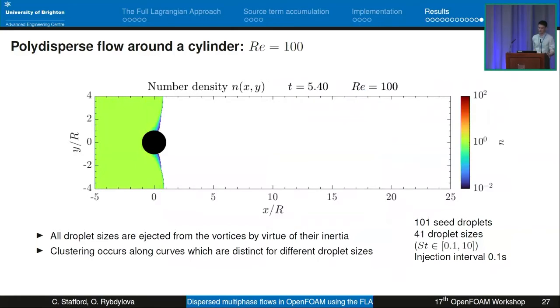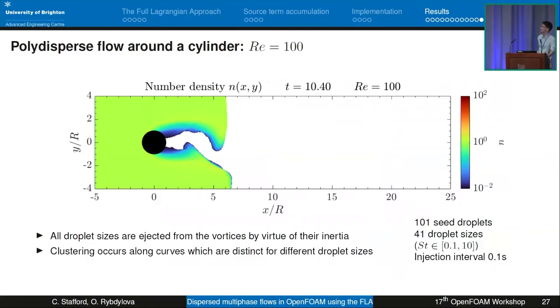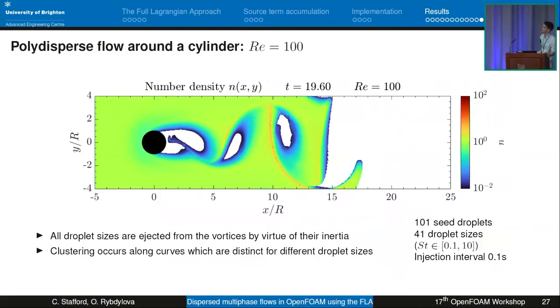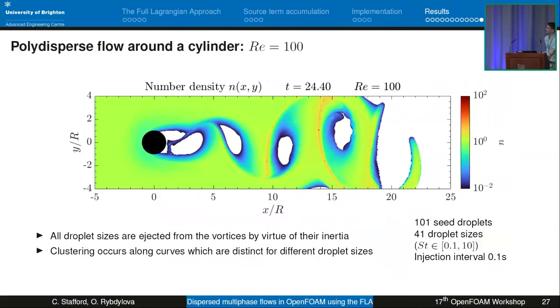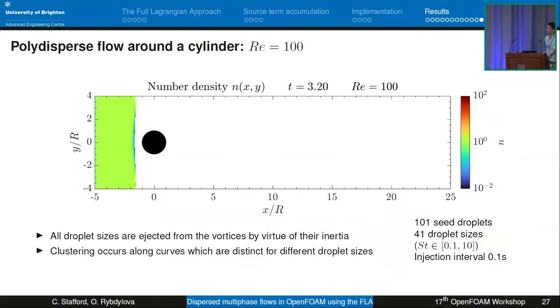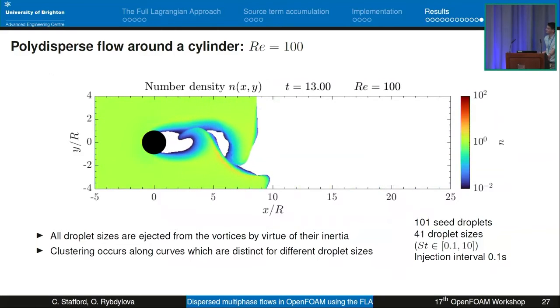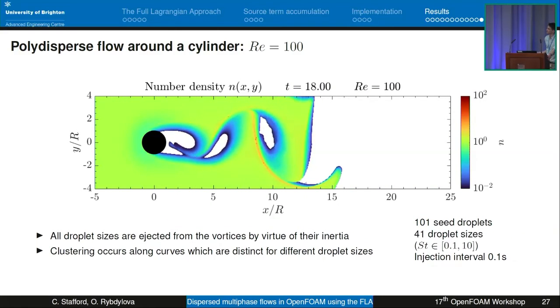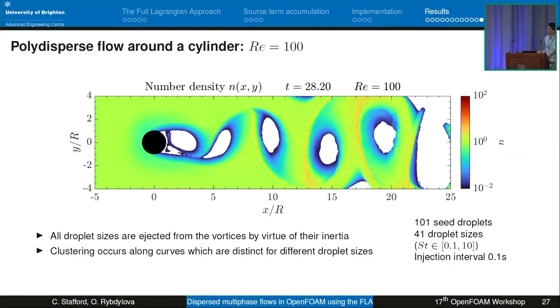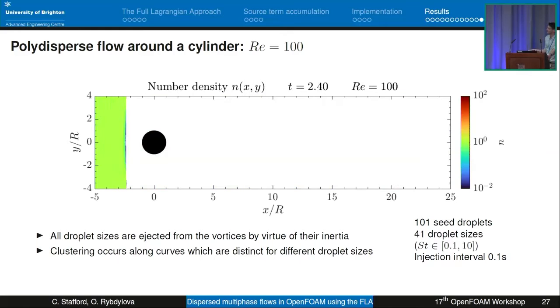So final one then is the polydispersed cases, also the transient case for the polydispersed flow. So this is the number density, and we're looking at all droplet sizes here. And in general, because they're inertial droplets, they're all ejected from the vortices by virtue of that, but we see there's a spread of locations in these areas of higher number density, depending upon what inertia the droplet has.